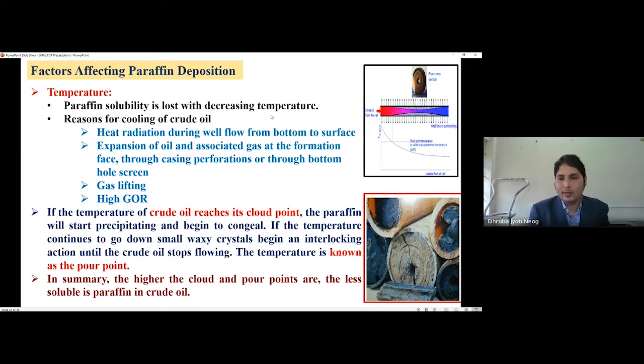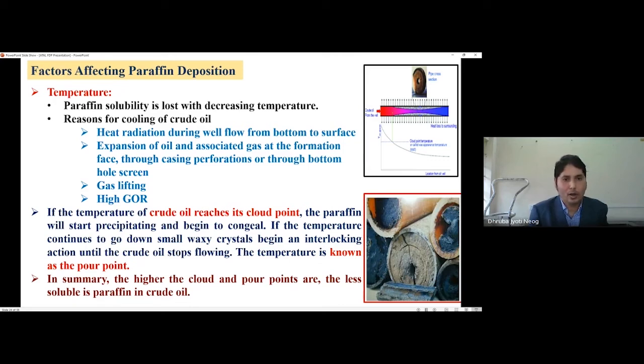Usually what happens is the downhole reservoir temperature remains high when well fluid starts flowing from the reservoir through the tubing. So temperature is lost when it flows across the entire well of different depths.